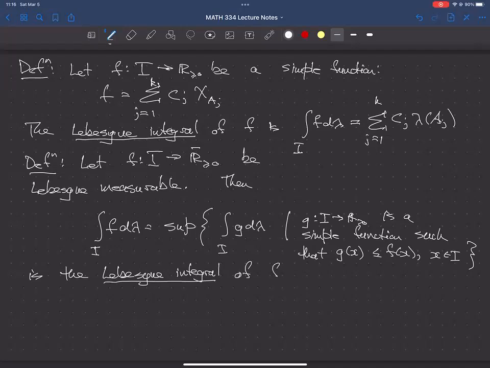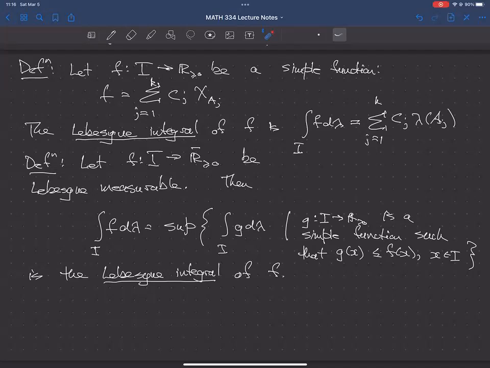Of f. Okay, so now because I'm restricting here to non-negative functions, this is always defined. The only requirement that I have on f here is that it be Lebesgue measurable, and as long as I have that, this is always defined. It's just that the sup may be infinity.